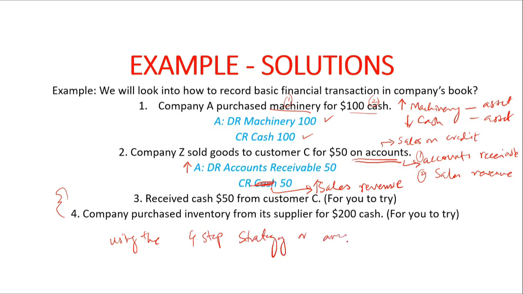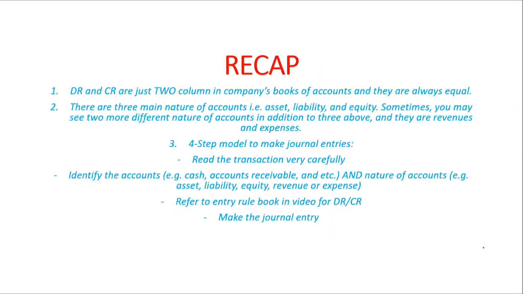or any other method that's easier for you. So now just a quick recap on this video. We looked at what debits and credits are. Debits and credits are nothing but two columns in a company's book of accounts, and they are always equal. This is also important: debit is always equal to credit.